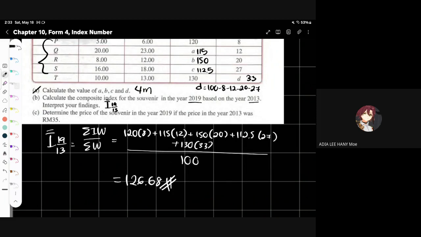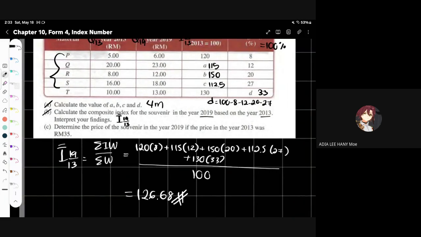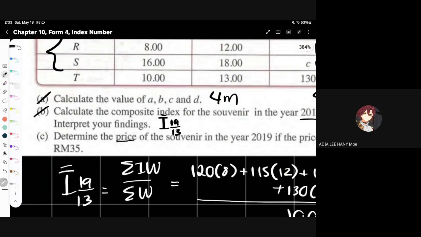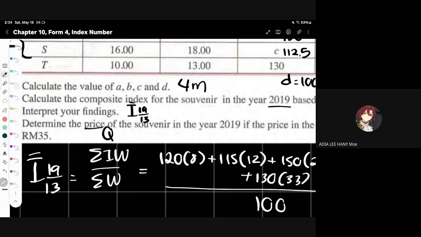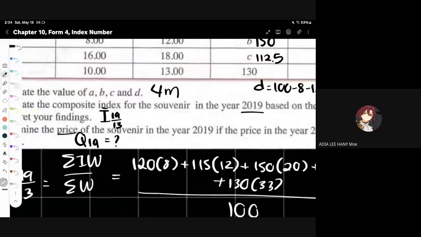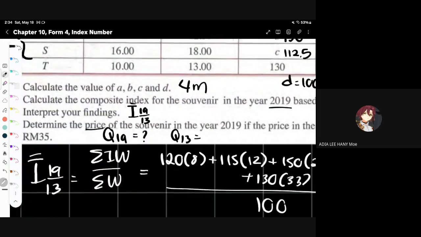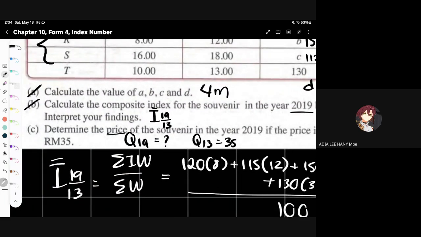So now next to the next one. So far it's very easy actually. This topic is very easy. This is a free mark in the exam. So they say determine the price. Okay, you already know. When they mention price, Q. What year? 19. So they don't know. Okay. If the price in the year 2013, Q13 is equal to 35.